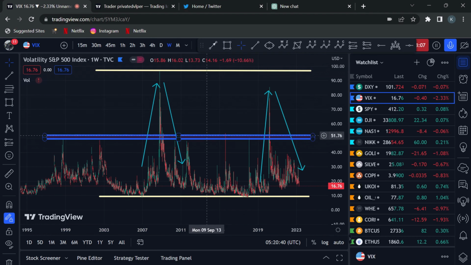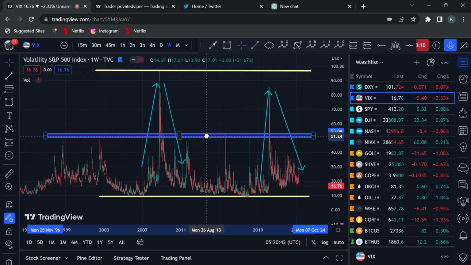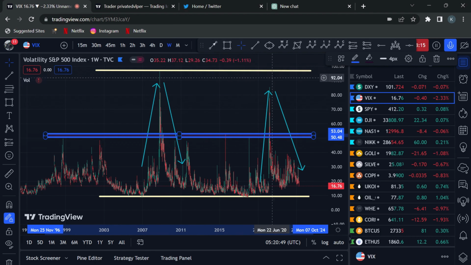But under normal circumstances, around 40 to 50, that's when we should be looking for a reversal in the stock market. So when the VIX is at these levels, it means that we have more put options than call options. And around the 40 to 50 price range, the investors will be heavily bearish on the stock market. And this is the point that we should start looking for a reversal from bearish to bullish.